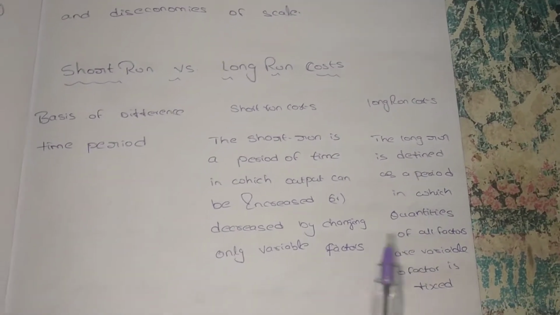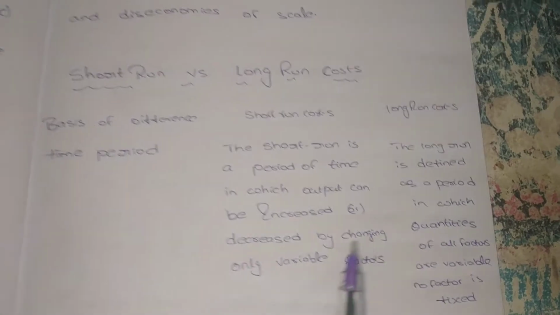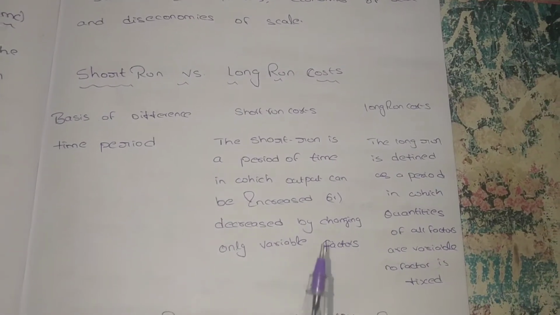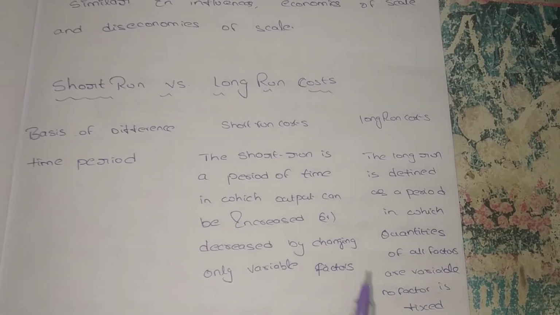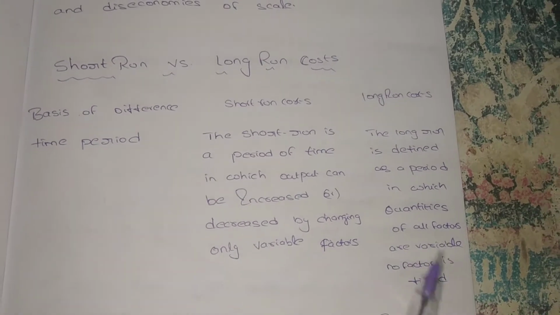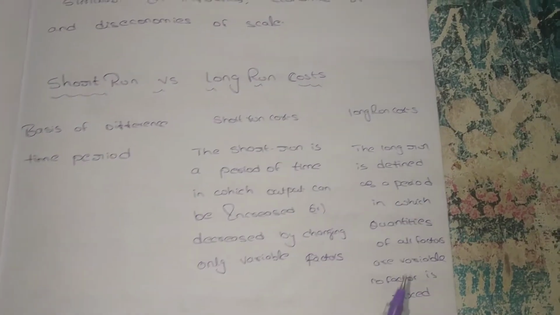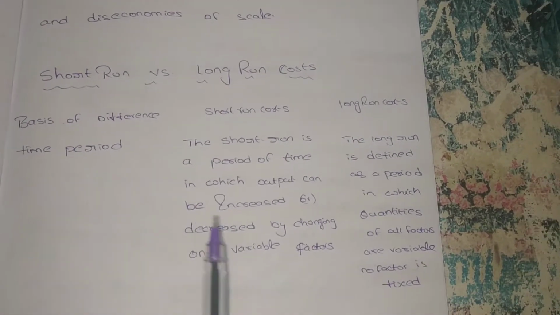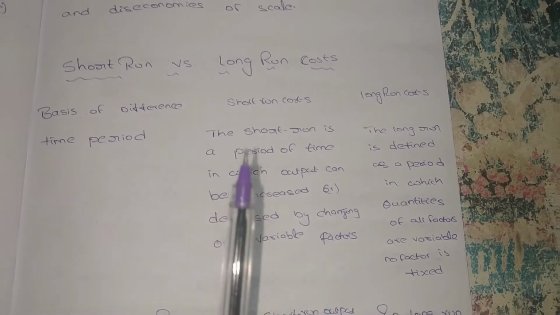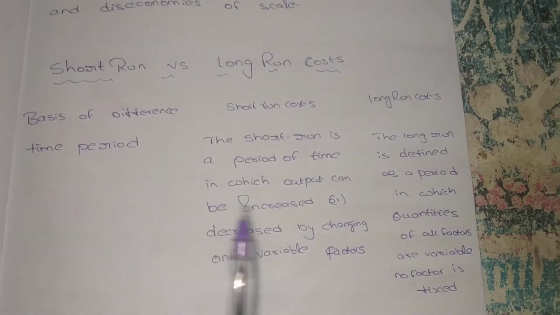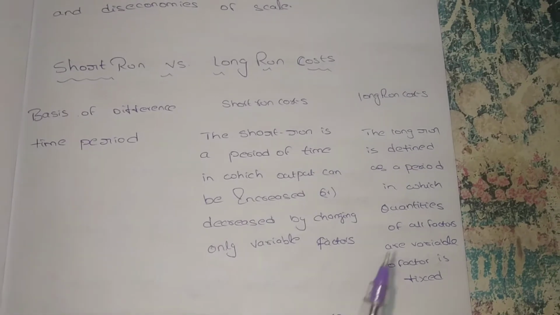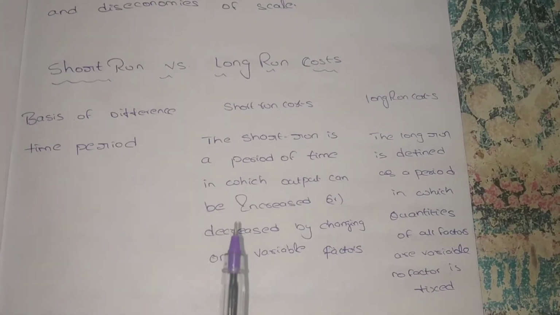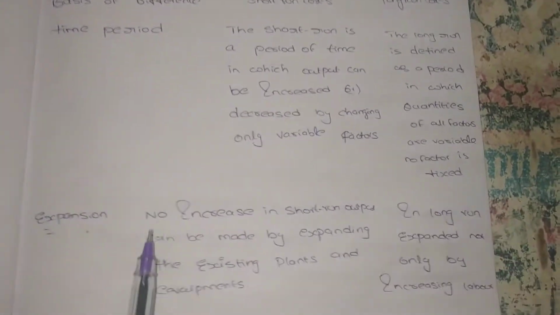What are the factors of production? Land, labor, capital and entrepreneur. All these are variable in the long run. So if there is any change in inputs, automatically the output changes. But compared to the short run, where only one input factor is variable and all others are fixed, only our output can change with that variable factor.